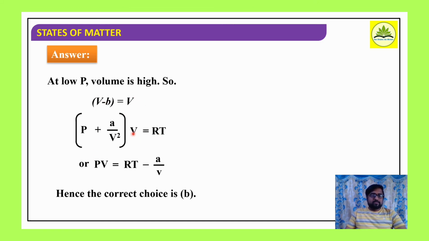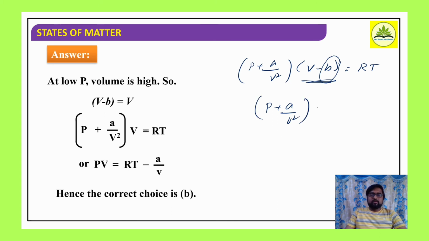Say (P + a/V²)(V − b) = RT for 1 mole of gas. But here, as volume is high at low pressure, this V − b becomes V. So (P + a/V²)V = RT.